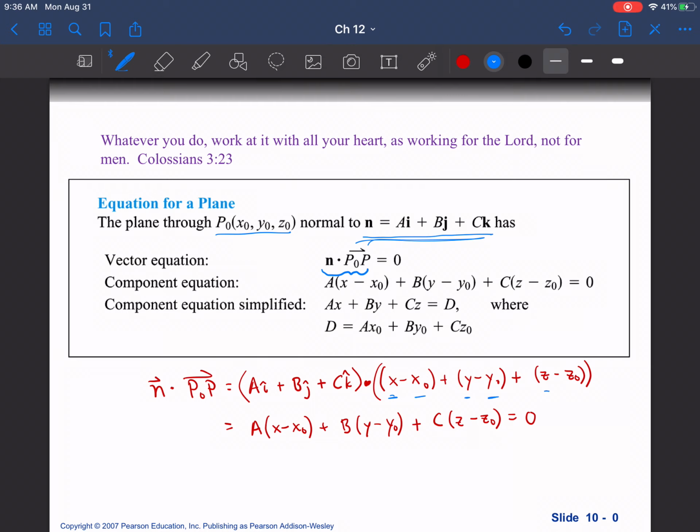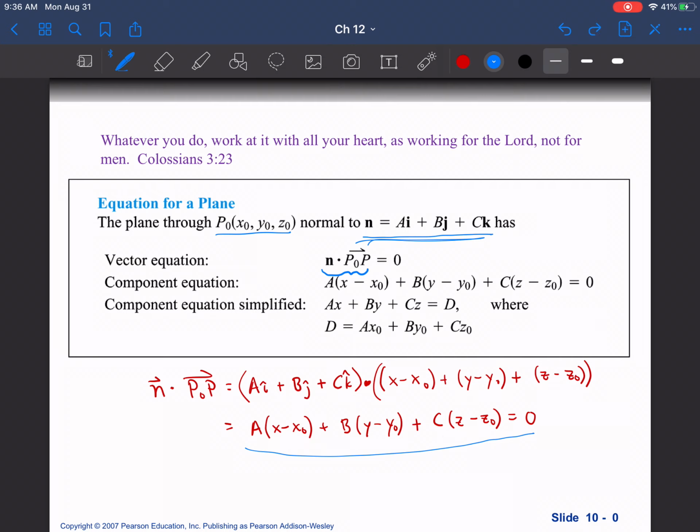Then we can actually do the dot product, which is this next line below, where I did a times (x minus x naught), and b times (y minus y naught), and c times (z minus z naught), and it gives me this scalar equation right there. That is the equation for the plane, and of course it equals 0. That's the last part you have to add on at the end. So that takes us to this line right here.